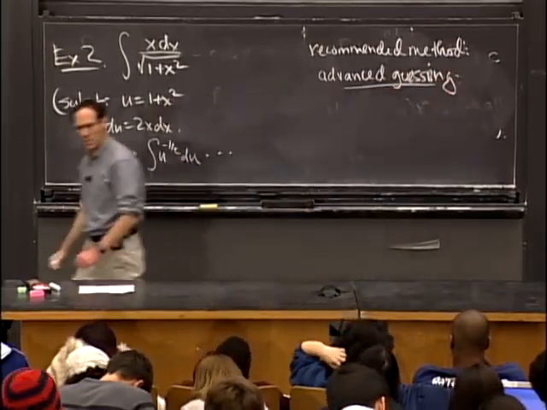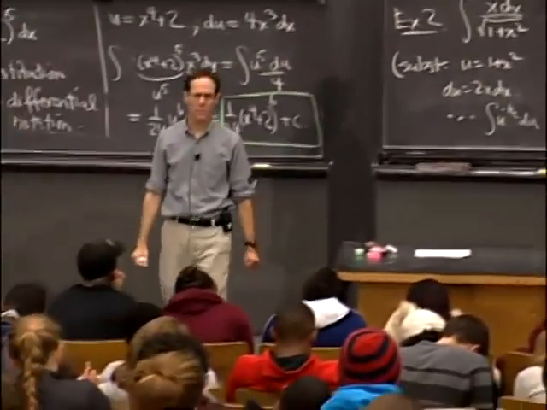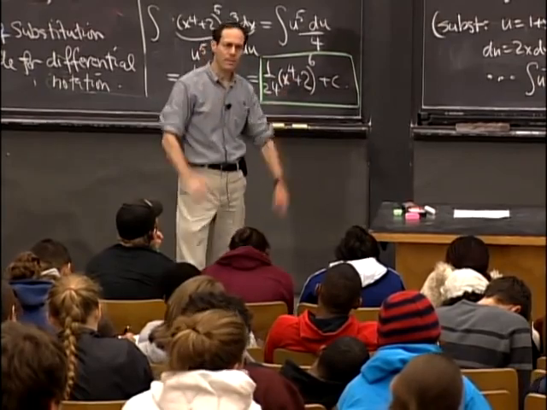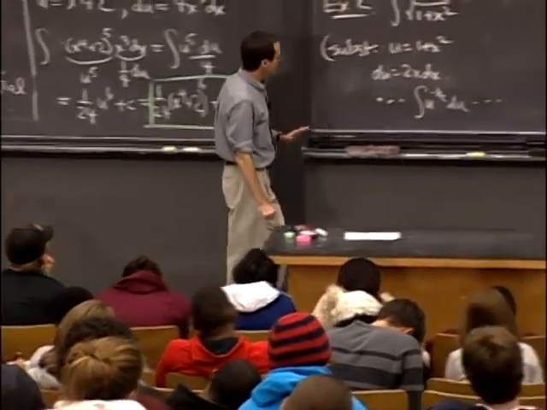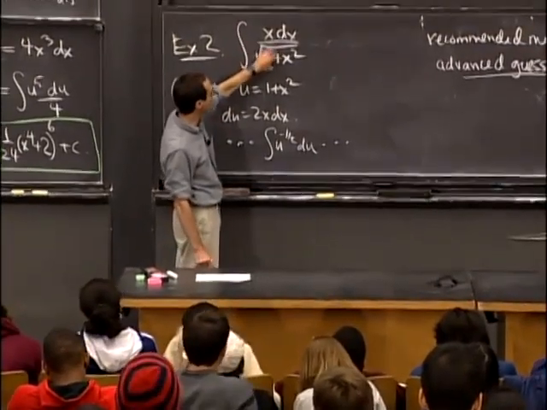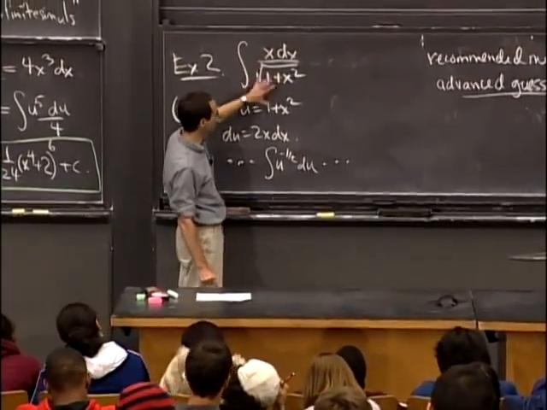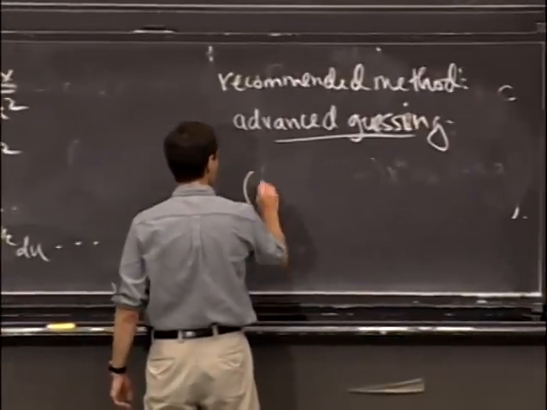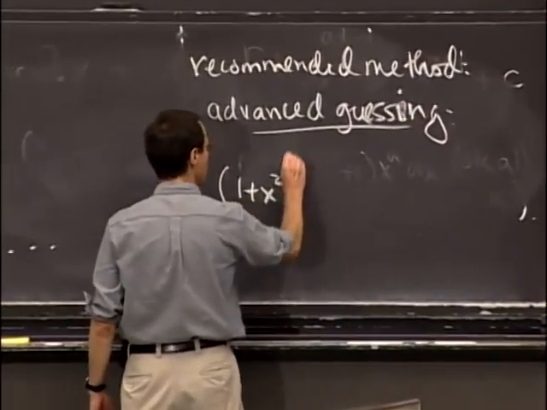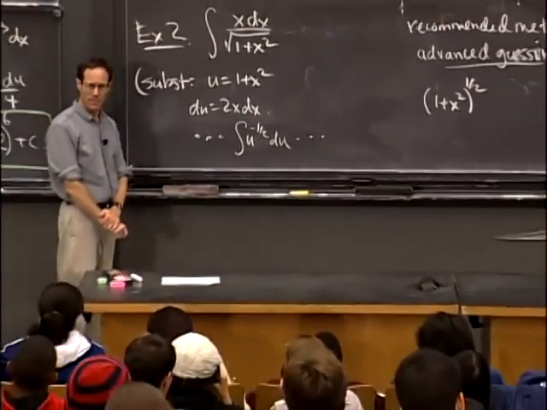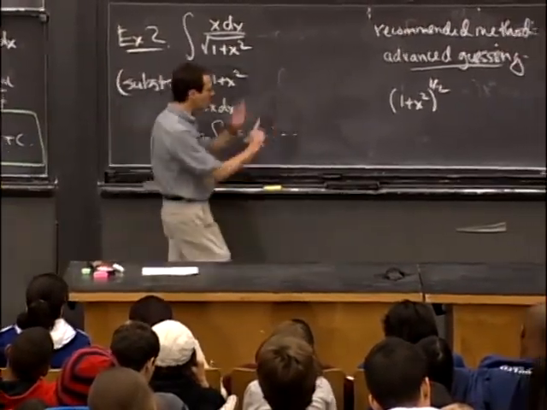What advanced guessing means is that you've done enough of these problems that you can see 2 steps ahead, and you know what's going to happen. So the advanced guessing leads you to believe here you had a power minus 1/2, here you have the differential of the thing, so it's going to work out somehow. And the advanced guessing allows you to guess that the answer should be something like this: 1 plus x squared to the 1/2. So this is your advanced guess.